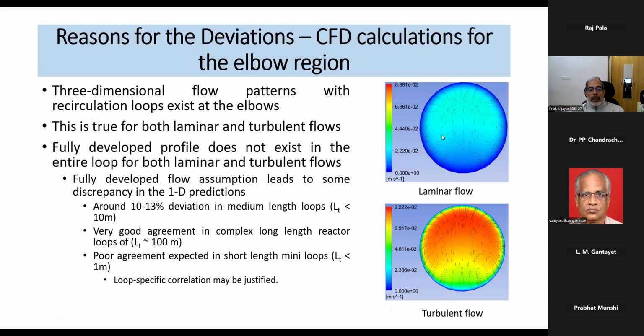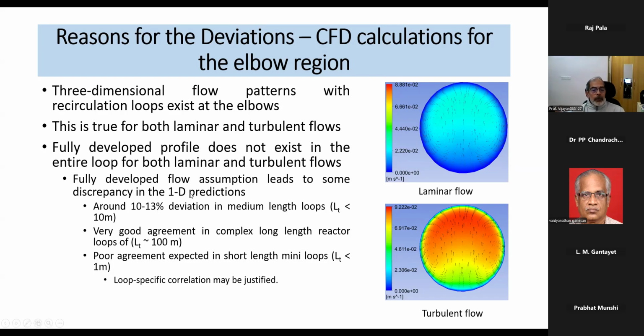Now, if you look at the elbows, you see there are recirculations and actually three-dimensional flow profiles exist. We also looked at CFD analysis. Nowadays many people say that, for single phase, CFD analysis is robust enough and can give you results as good as experiments.